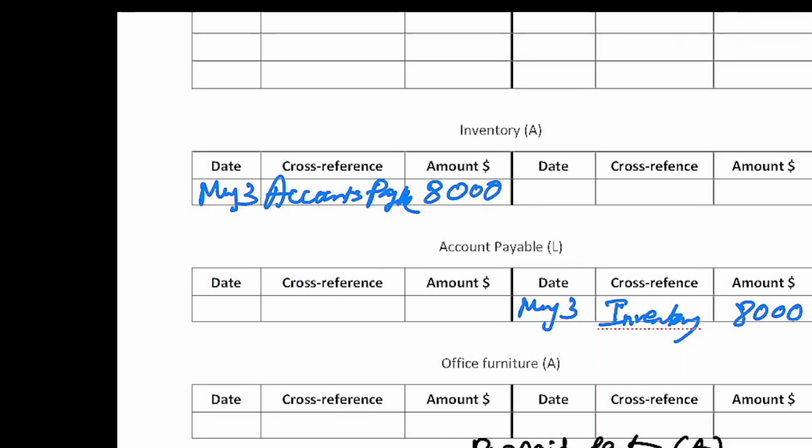Office furniture. Yeah. Don't just write furniture, office furniture, okay? Just write the full form, office furniture.